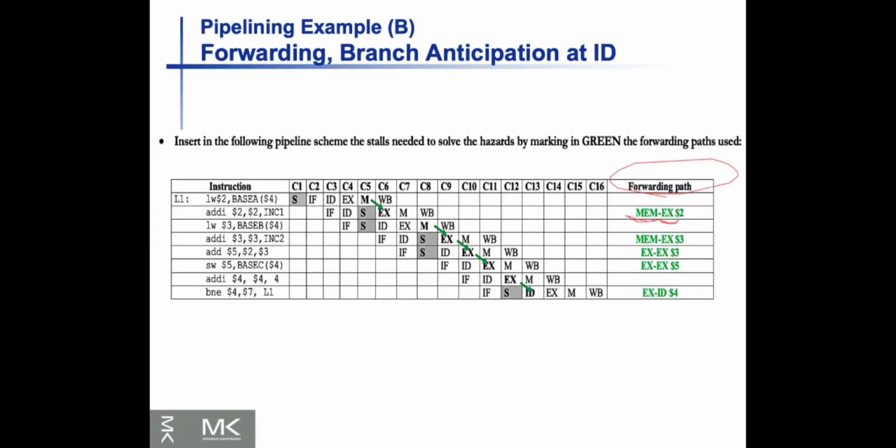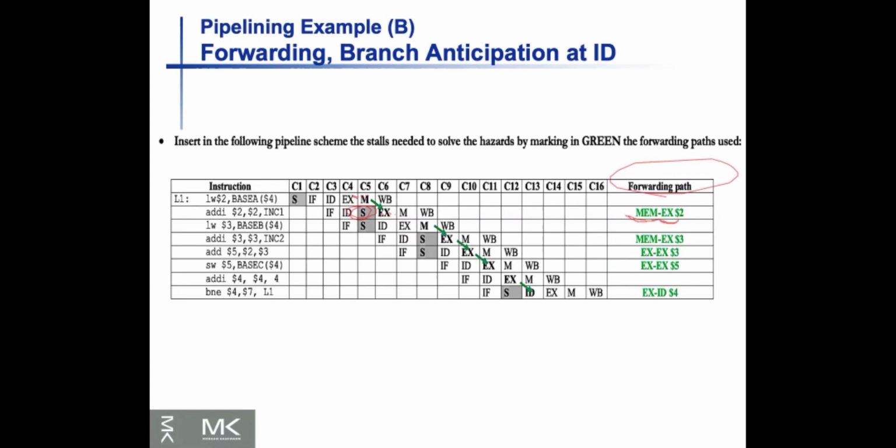That was the mem to X forwarding. Because of that, we only needed 1 stall here. If it was not a load here, if it was an add, for instance, we could have survived without any stalls, right? Because we were doing X to X right away.